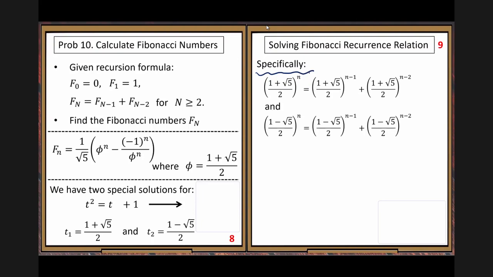The property is the linearity property. How do we construct a more general solution using these two special solutions by the linearity property? That's the question.